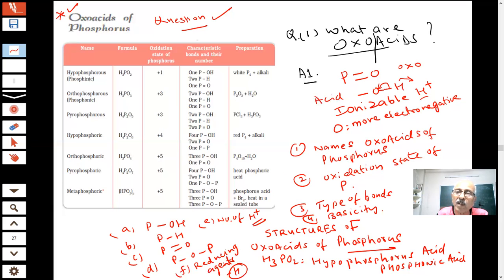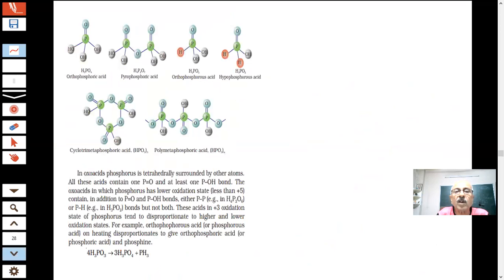And one question is coming, students. Now here I have shown the structures, but the question is how will we draw the structure? That is the important point.